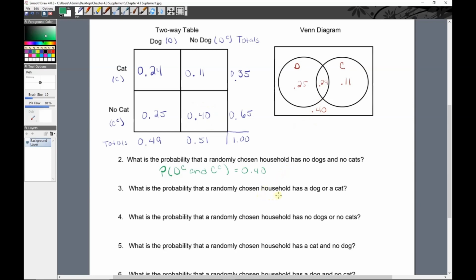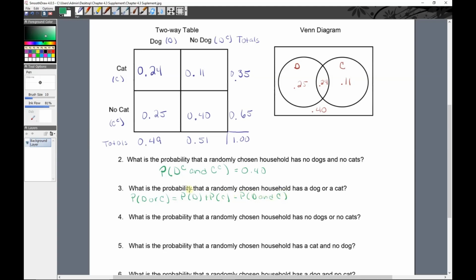What is the probability that a randomly chosen household has a dog or a cat? Okay, well, we are going to use the general addition rule for that because you can own a cat and a dog at the same time. So these events are not mutually exclusive. So this is the probability of a dog or a cat. That'll be the probability of a dog plus the probability of a cat minus the probability of both, dog and cat.